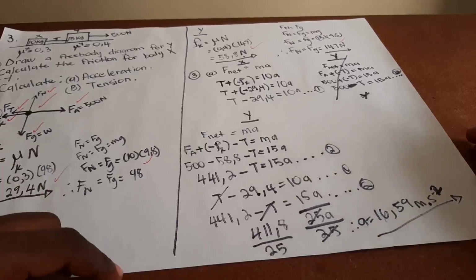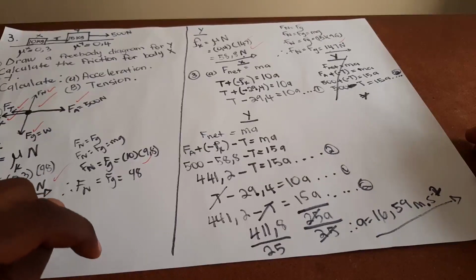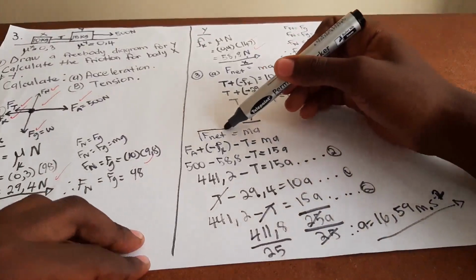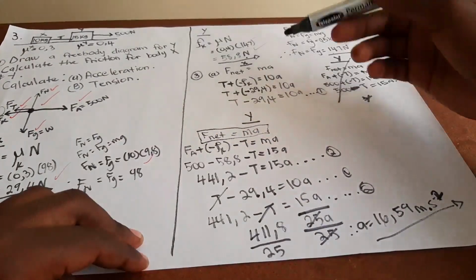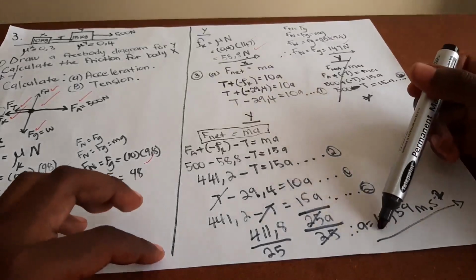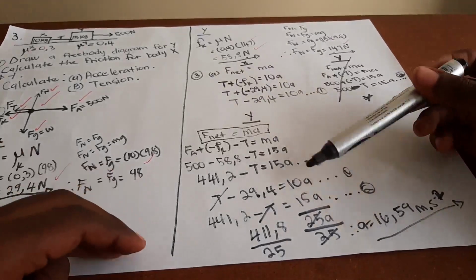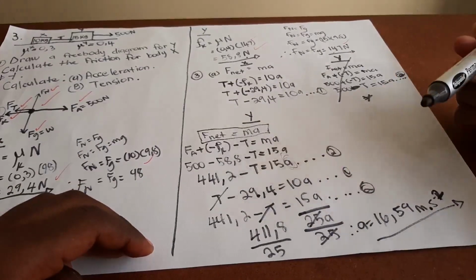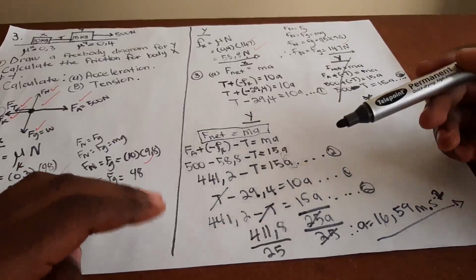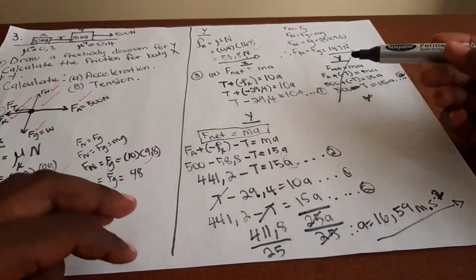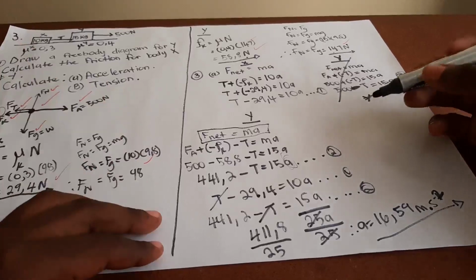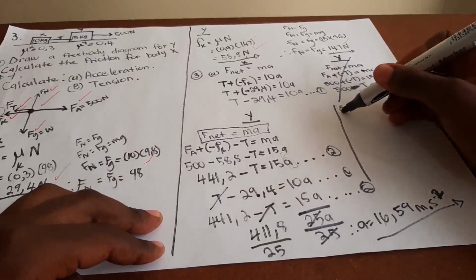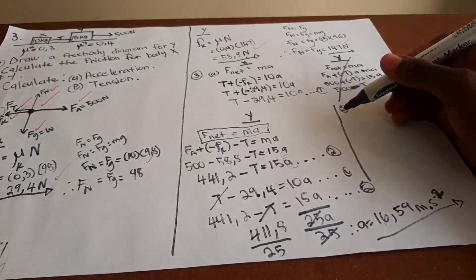Now we have to calculate the tension. In order to determine the tension, you can use the original formula, but the easiest way is to substitute the acceleration into any equation here, because the tension is the same for both objects.